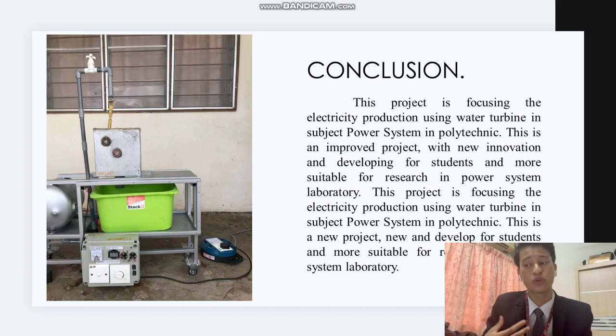This is an improved project with new innovation, developed for students and more suitable for research in the power system laboratory. That's all for me. Thank you very much.